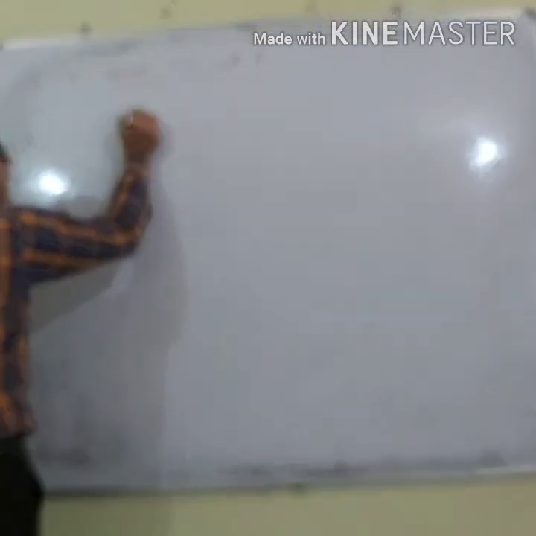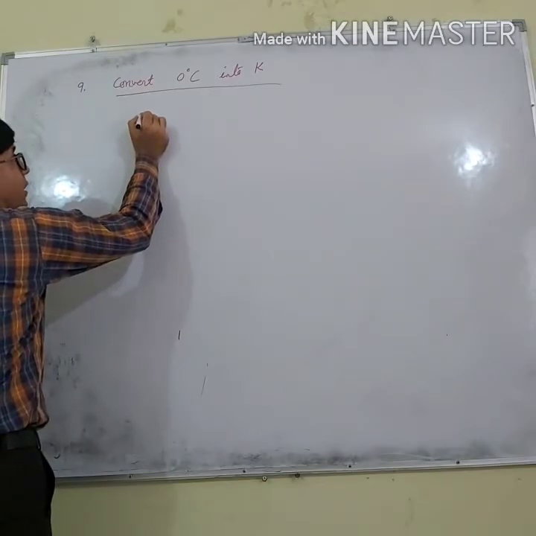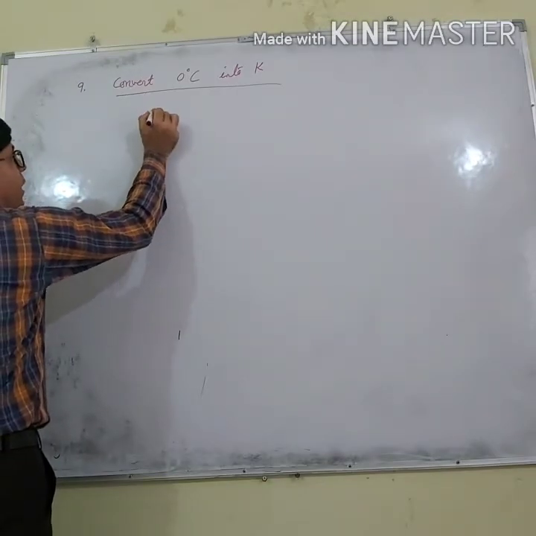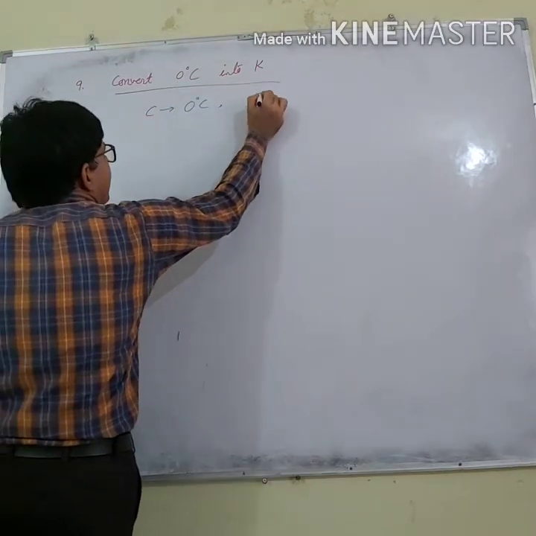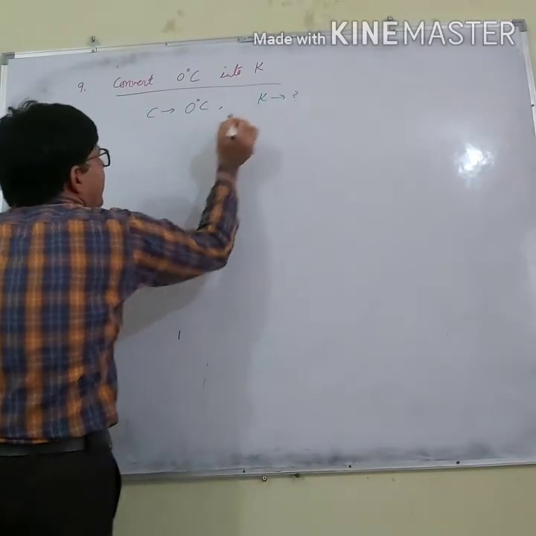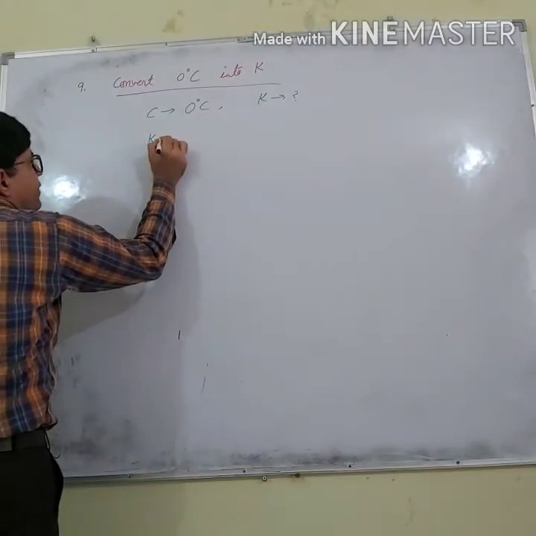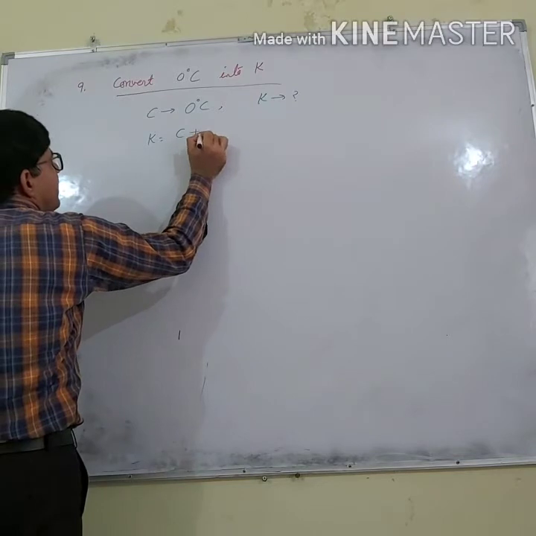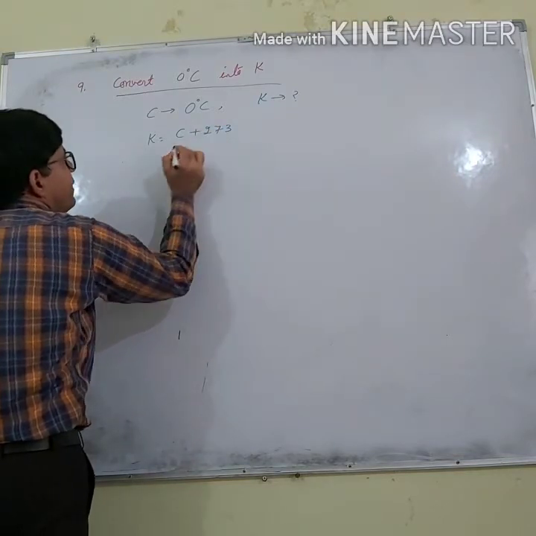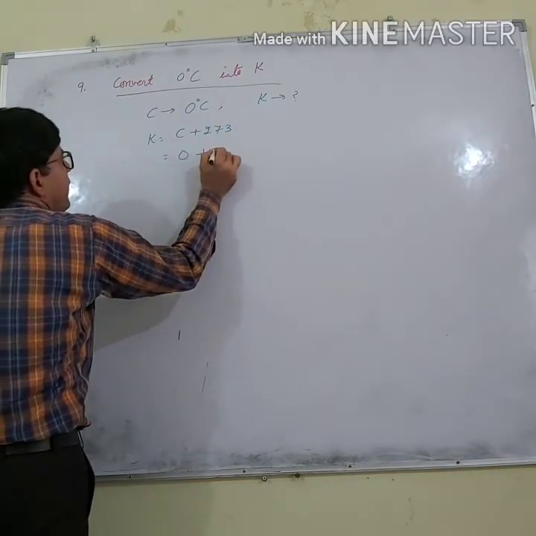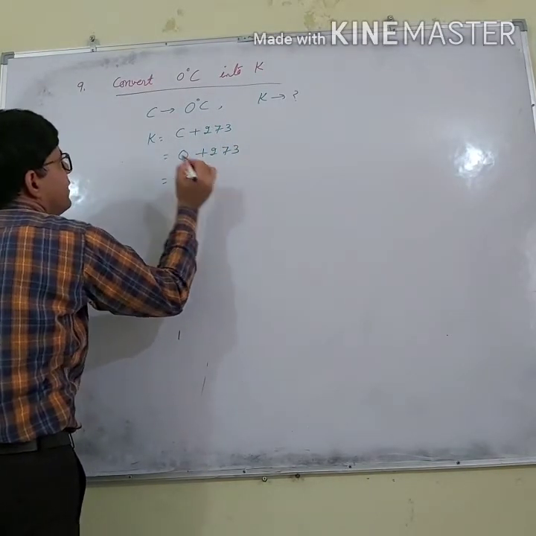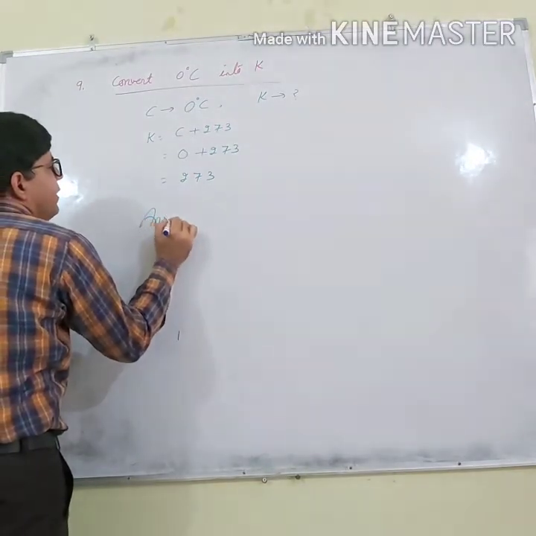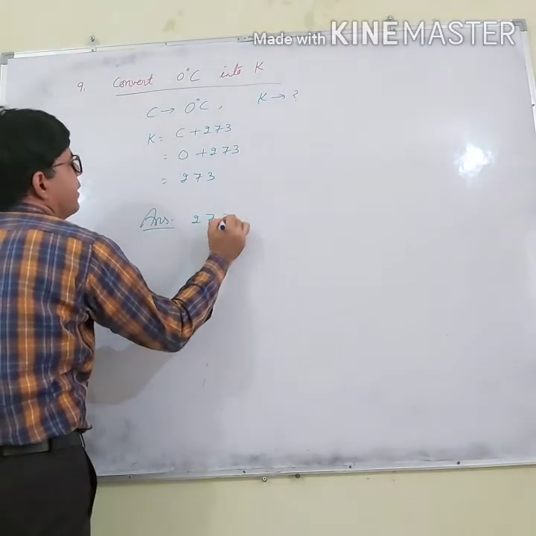So formula is K. Before that, temperature in Celsius is 0 degrees Celsius, and temperature in Kelvin I have to find out. And formula is K is equal to Celsius plus 273. 0 plus 273, answer is 273. So what my answer is? 273 Kelvin. Right?